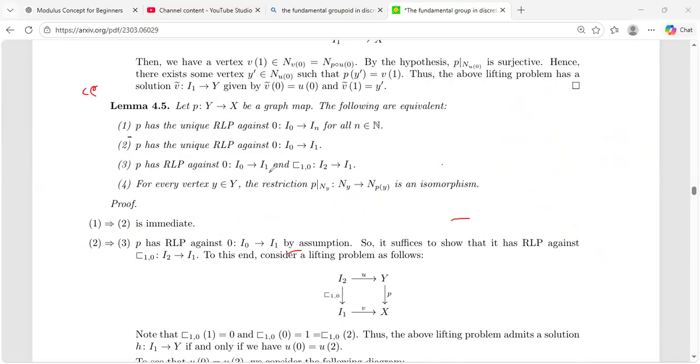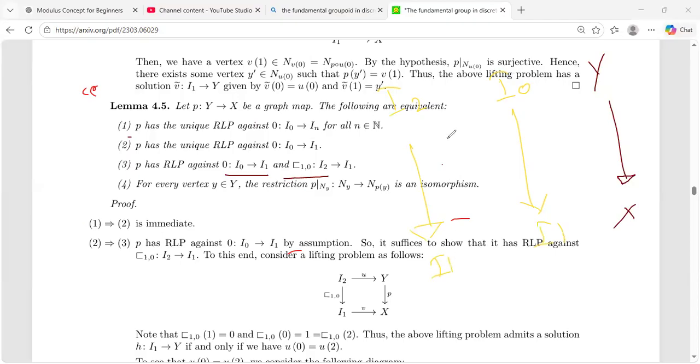Now the third statement of this lemma. P has a unique right lifting property against this map and this map. Meaning P is a graph map from Y to X and there is a right lifting property against these maps: I0 to I1, and I2 to I1.